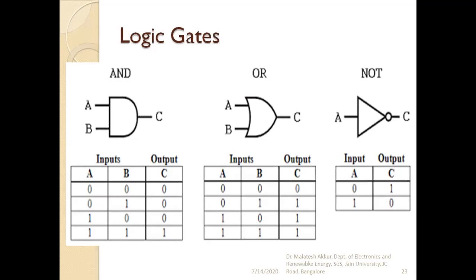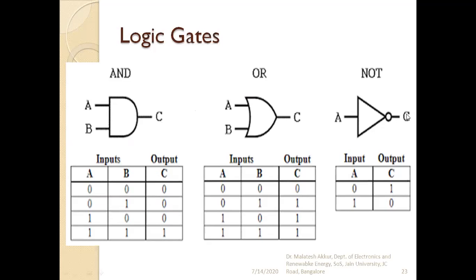As we know, the Boolean equation for the AND gate is Y is equal to, or C is equal to, A dot B. In case of the OR gate, Y is equal to A plus B. In case of the NOT gate, you can give any name, the variable names A, B, C, or X, Y, Z, whatever, for the inputs and outputs.